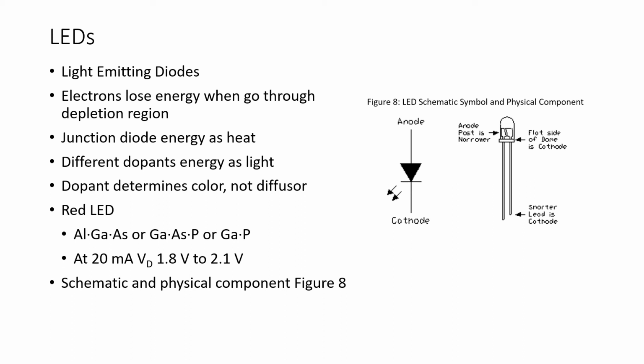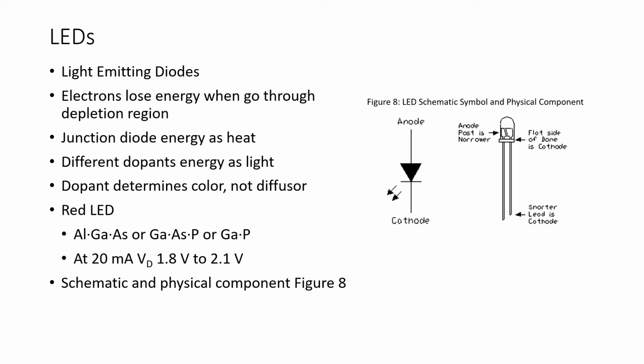Now, since different elements have different electron volt values, the voltage dropped across an LED is greater than 0.7 volts. For example, for a red LED, when the current through the LED is 20 milliamps, the LED will drop anywhere from 1.8 to 2.1 volts.